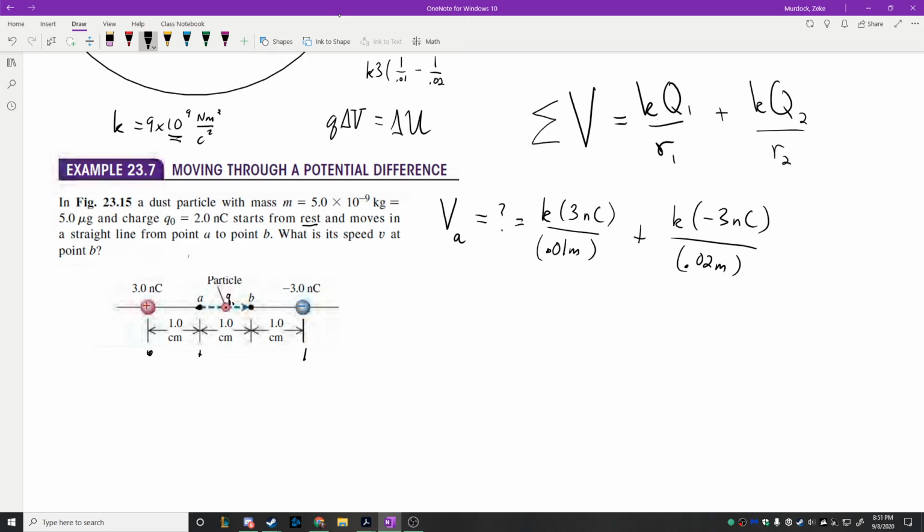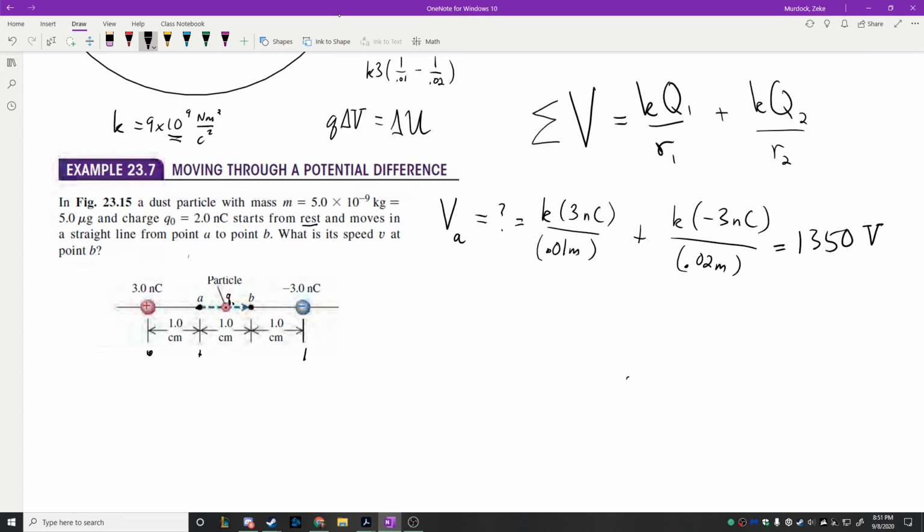And this is just like 1 minus a half effectively with 100 up here. 1 minus a half is a half. So 3 over 2. 3 times 9 is 27. 27 divided by 2 is 13.5. Yeah, I agree with you guys. So it's 1350. And is it positive or negative? It's positive, right? This term is bigger than this term. Yeah, joules per Coulomb, or just volts.